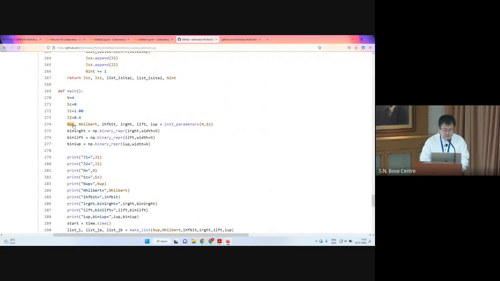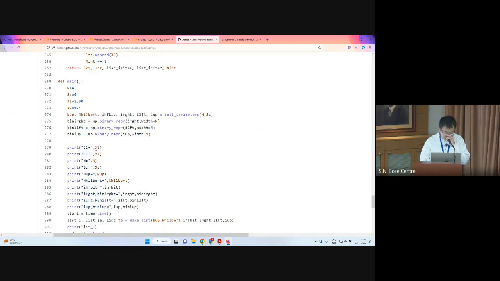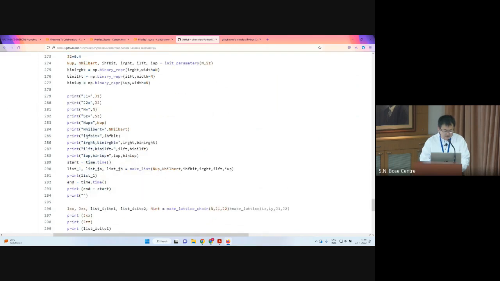After getting these N up and Hilbert space dimension parameters, we are setting up the condition to make the lookup and lookback tables, and we are printing out these parameters.